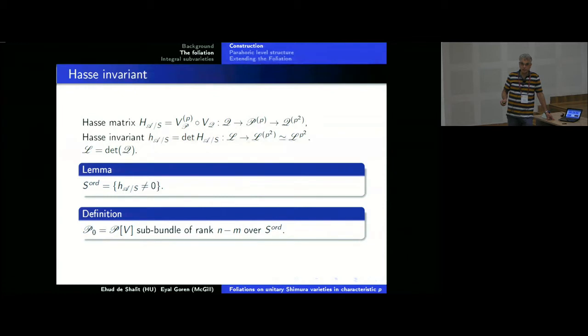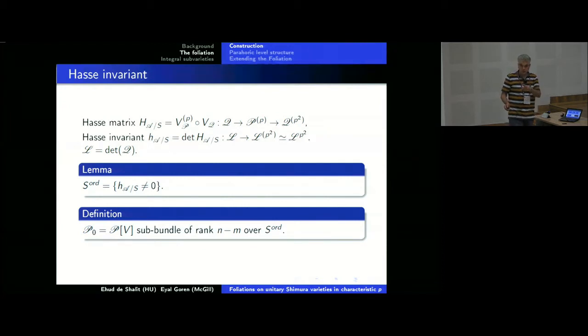Okay, so each of the separate maps can be as non-degenerate as you want, and still the Hasse invariant may vanish. This means that what I'm going to define now, the kernel of Verschiebung on the sigma part of the cotangent bundle on P, which on the ordinary locus will have rank n minus m, will still have rank n minus m quite a long way further beyond the ordinary locus, where the Hasse invariant already vanishes.